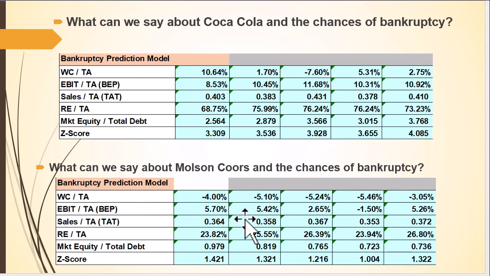Their profitability, basic earning power, is fairly low. Their turnover ratio is fairly low. Their market equity to total debt, again, is less than 1. So what we're finding here is that the management and certainly the creditors for Molson Coors are very concerned about this low number.